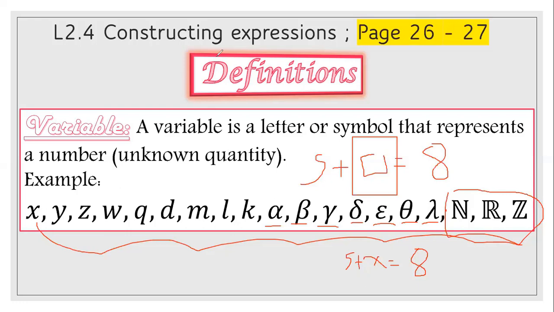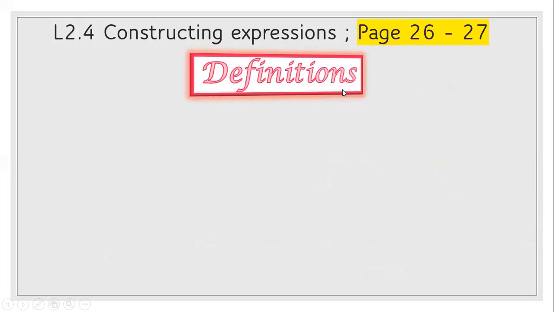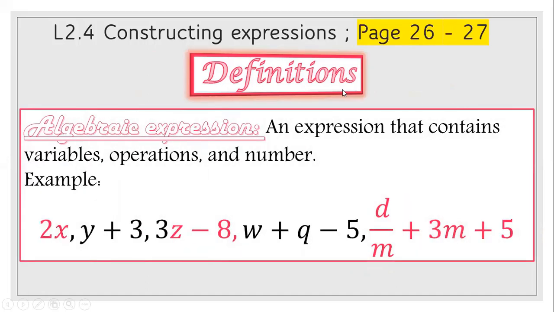The next definition is, what do I actually mean by an algebraic expression? As I mentioned, an algebraic expression is an expression that contains variables. By variable, I mean letter, okay? Variables, or operations.